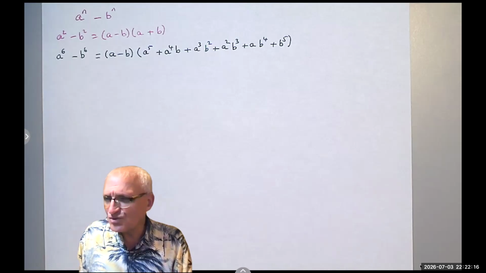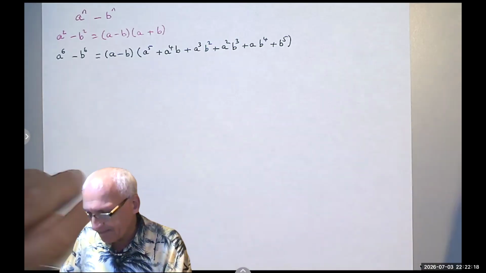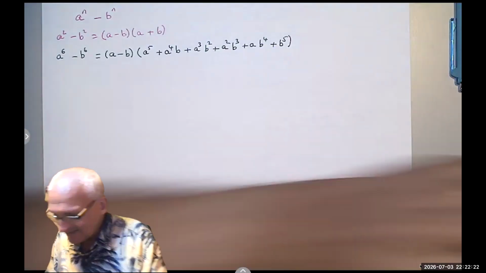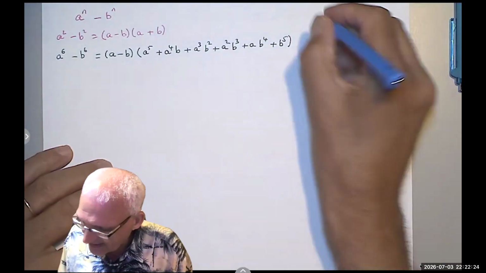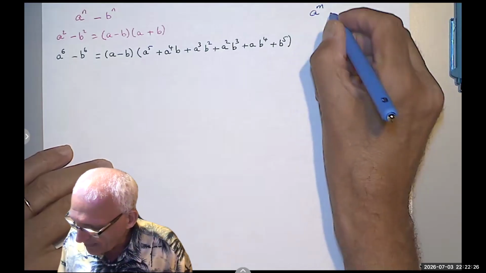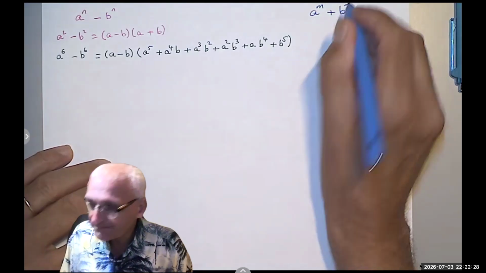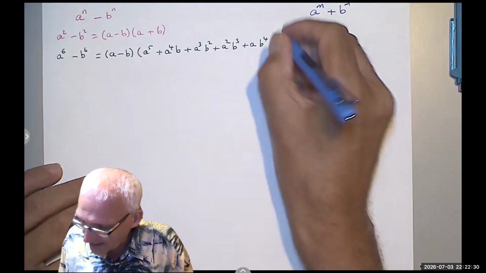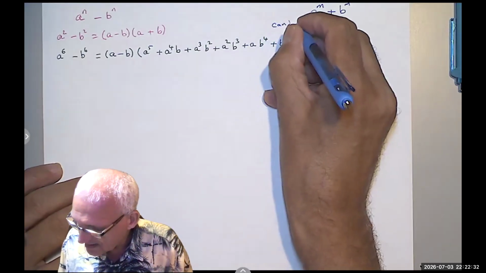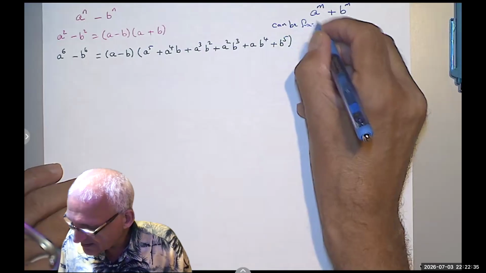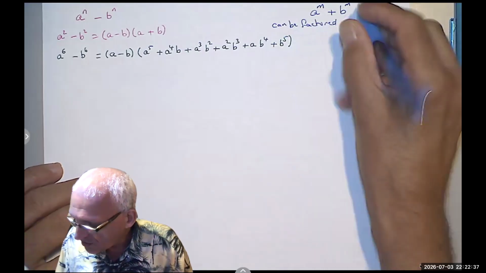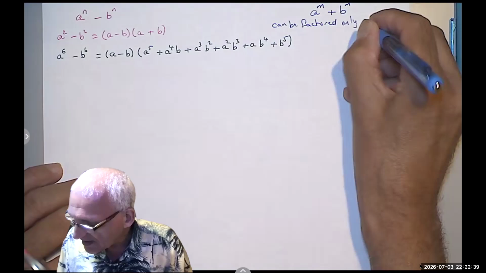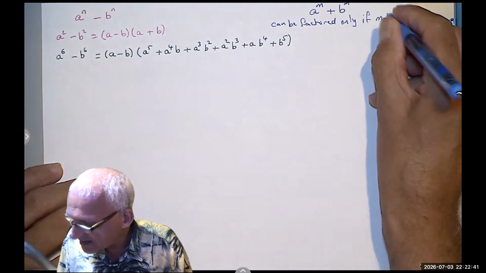How about a to the n, or let's make it m so that they are different. I'm not using the same. A to the m plus b to the m can be factored only if m is odd.